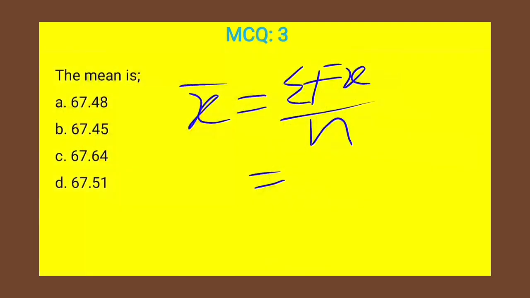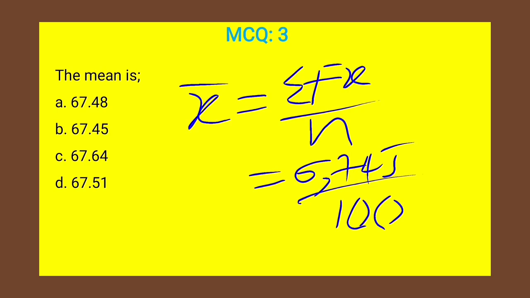So all I will do is the substitution here: 6,745 divided by 100. My result will then be the answer.